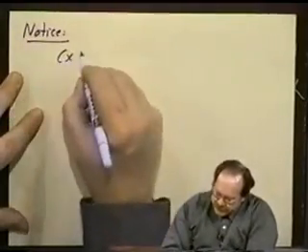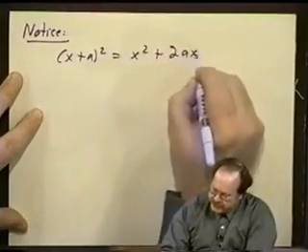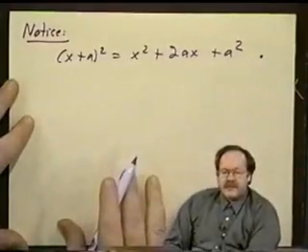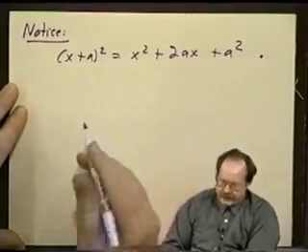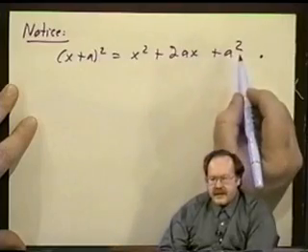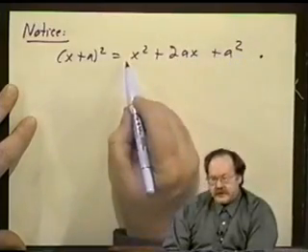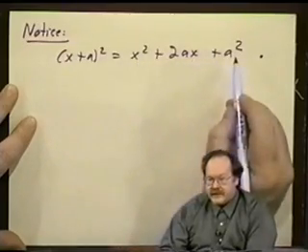Notice, in this x plus a squared equals x squared plus 2ax plus a squared form, let me observe something else. I've already kind of looked at the coefficients. We'll come back to that. But notice that here I have an x squared, then I have an x, then I have an x to the 0, because that's just 1. Also notice that you can imagine I start with a to the 0, which is 1, a to the 1, a squared.